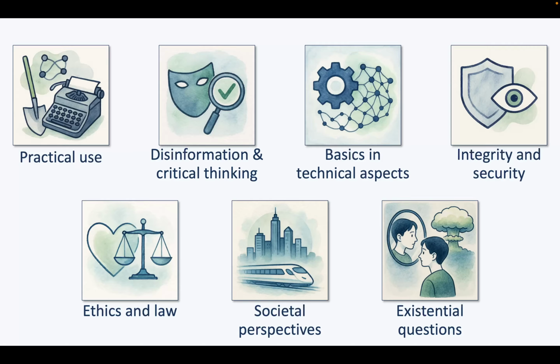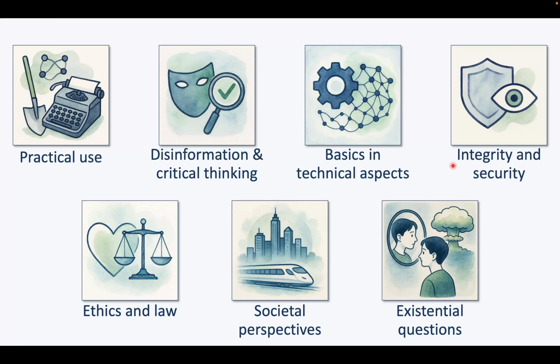So, extremely briefly, I'm going to talk about each of these categories in a bit more detail, but very briefly, we have practical use of AI tools. We have things like deepfakes, disinformation, critical thinking. We have understanding the technical aspects of AI, the actual technology.